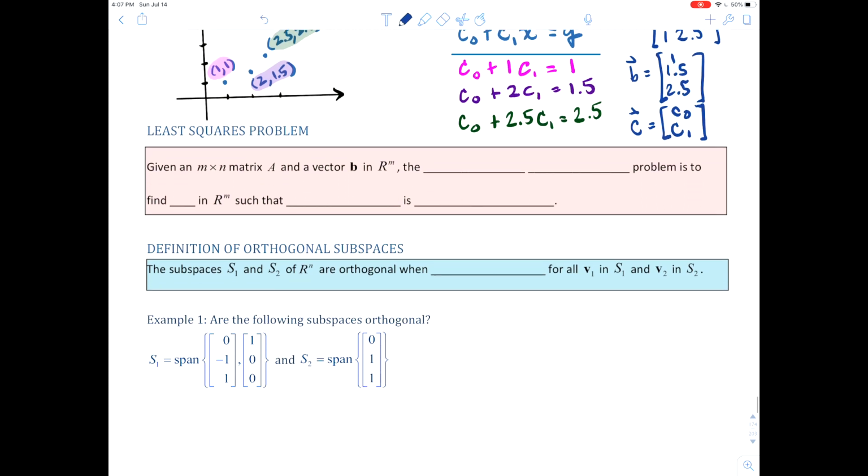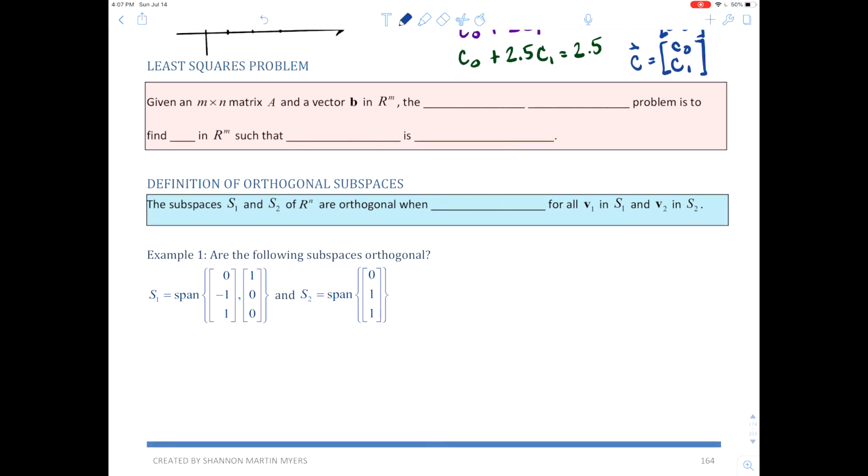All right, the least squares problem. Given an m by n matrix A and a vector b in Rm, the least squares problem is to find some x in Rn such that the magnitude of A times x minus the b vector, squared, is minimized.